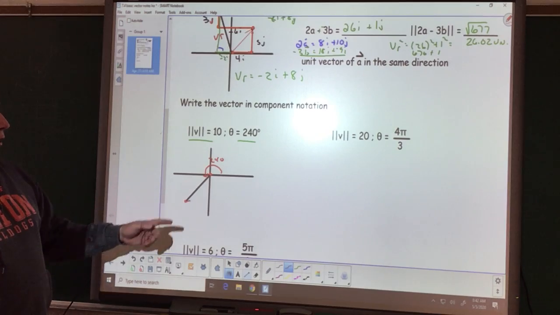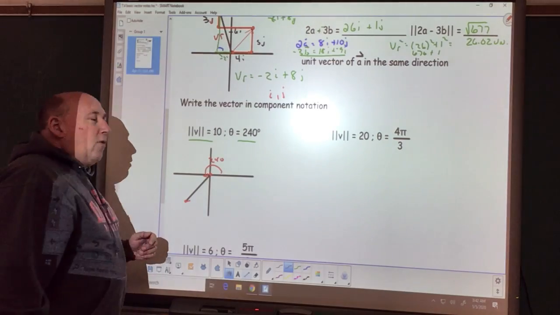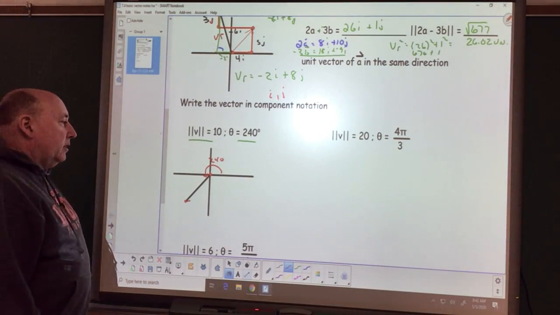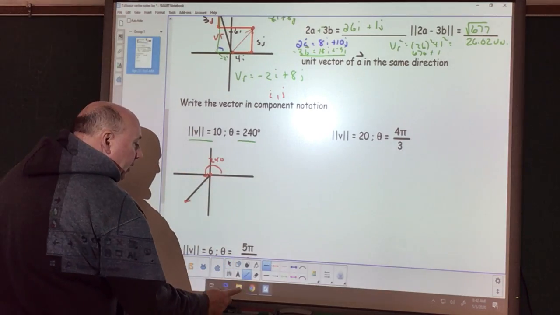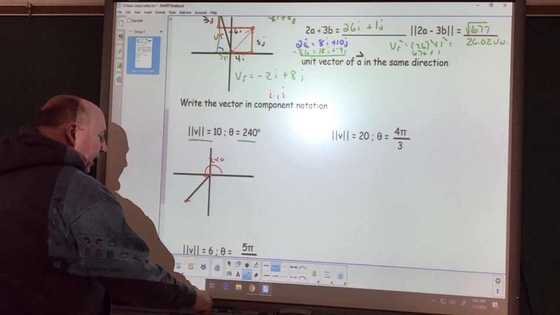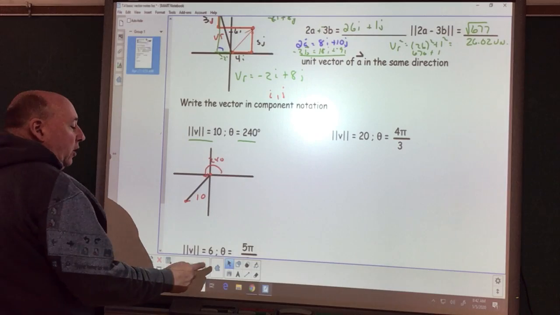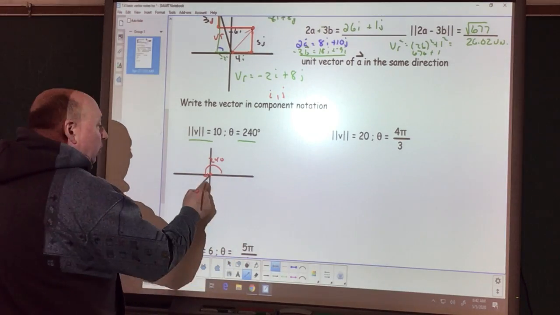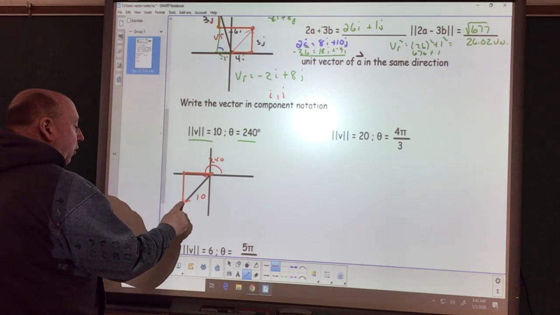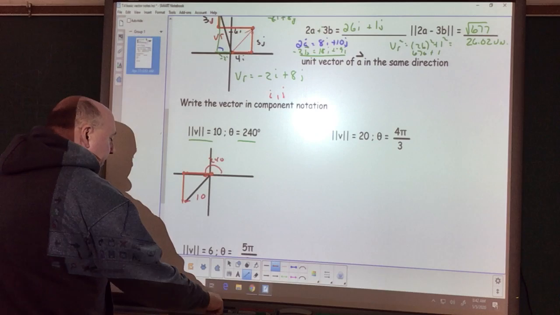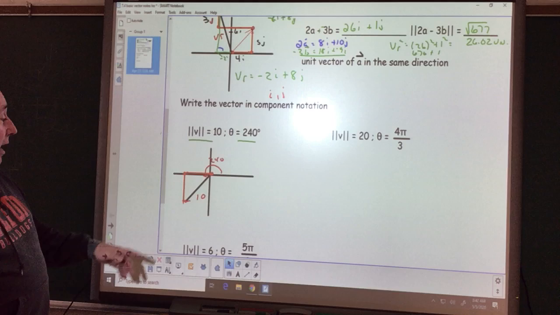I go 240 degrees. I want to write as components, which means I want to write in ij notation. So if I was going this direction, and the length of this is 10, and the angle is 240 degrees, what would be my horizontal and vertical distance I would have to travel here?